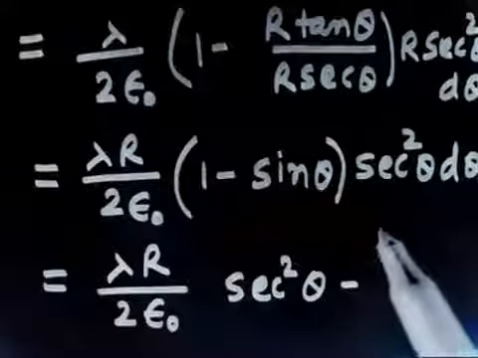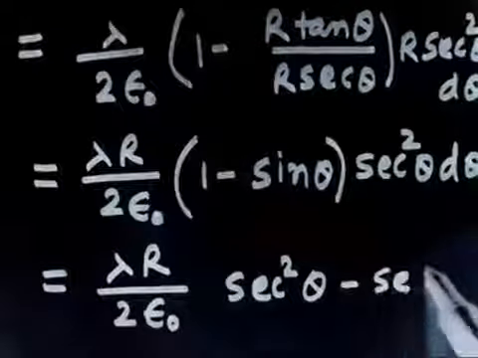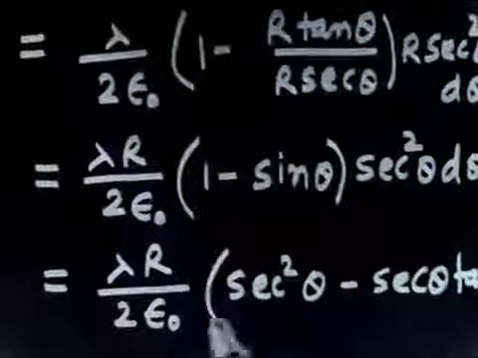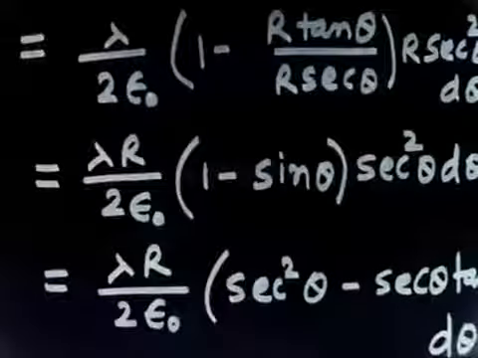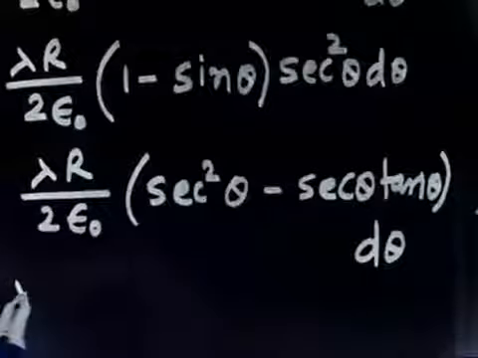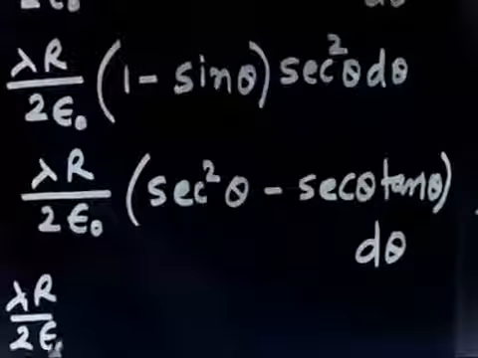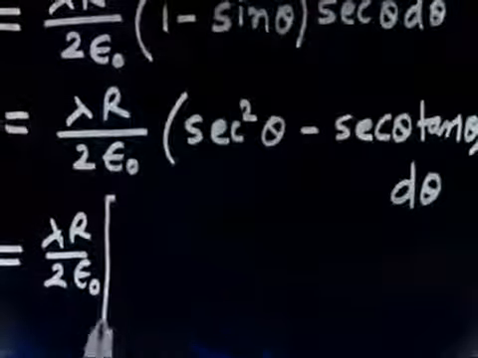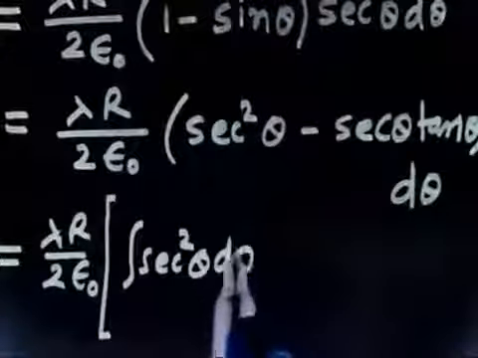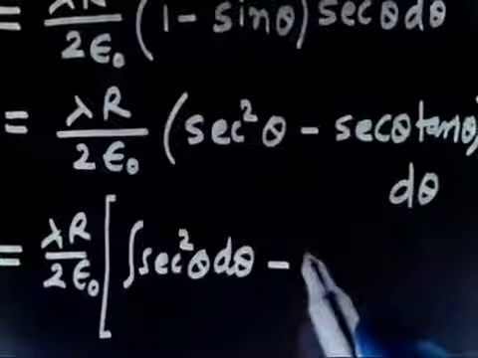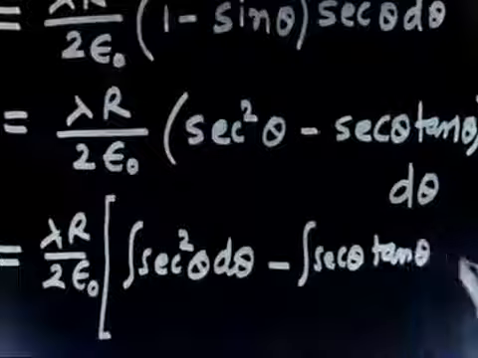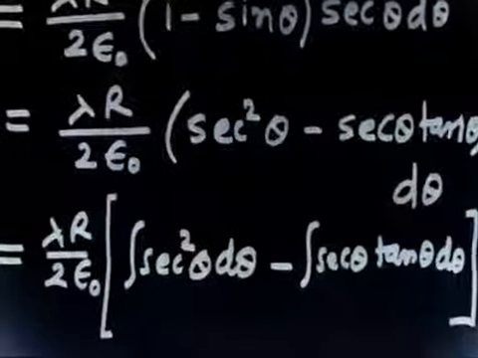So sin theta by cos theta is tan theta, so sec theta into tan theta, and this into d theta. Are you getting? Now we can separate two integrals: lambda r by 2 epsilon naught, and then one integral of sec square theta d theta. So let us first do the indefinite integral, minus the integral of sec theta tan theta d theta. So you will have two integrals.